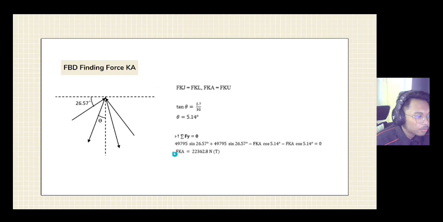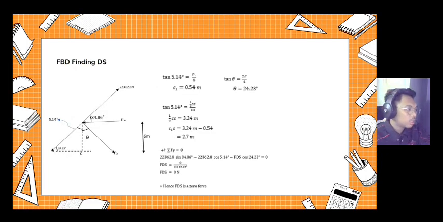Fy equal to 0: 49,795 sin 26.57 degree plus 49,795 sin 26.57 degree minus FKA cos 5.14 degree plus FKA cos 5.14. So we want to find FKA. So the answer is 22,362.8 Newton. So next, finding DS.